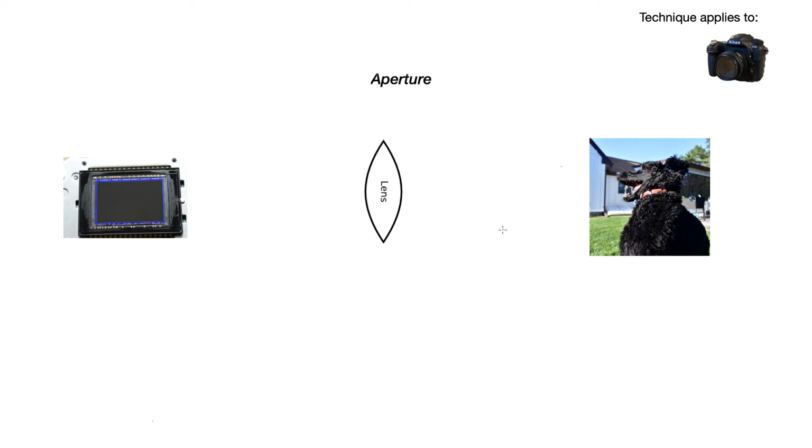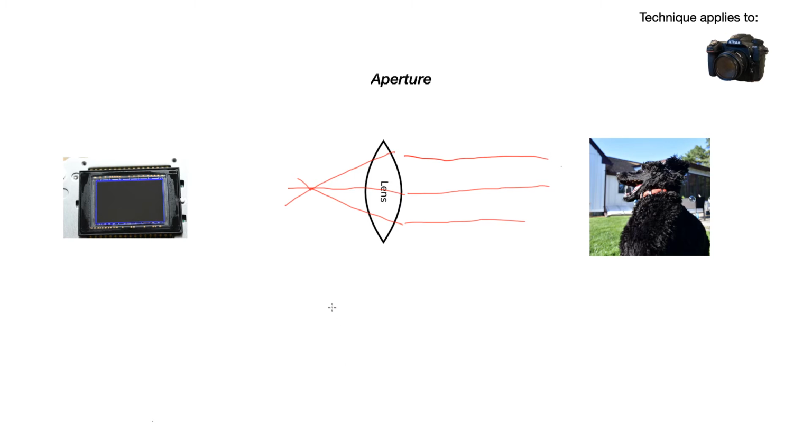So what the lens is going to do is take parallel lines of light that come into the camera, and it's going to focus them onto what's called a focal point. So all of these lines of light are going to cross at a certain point.